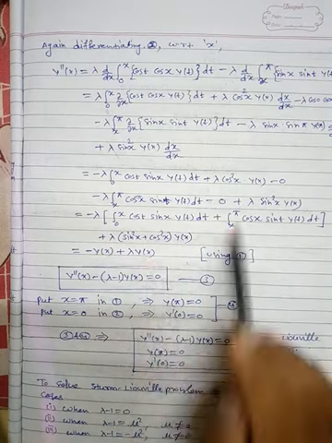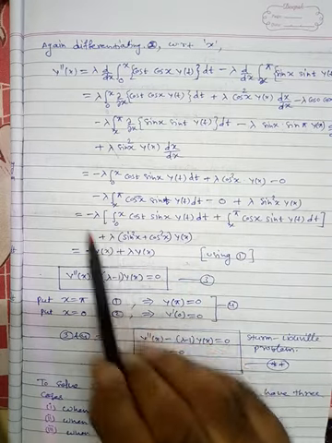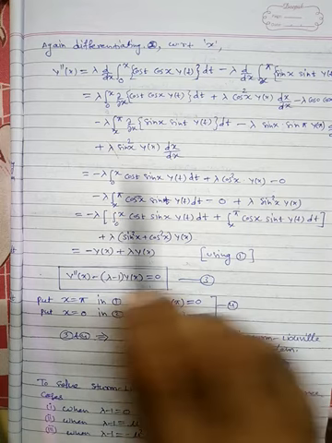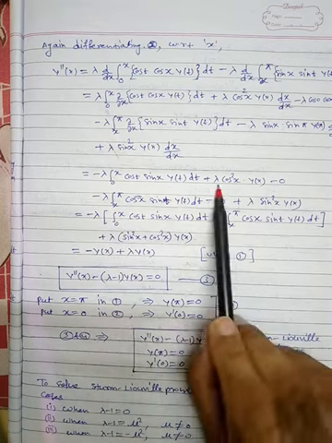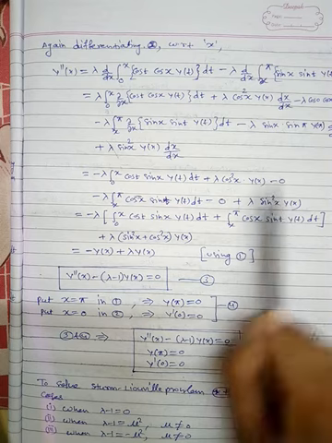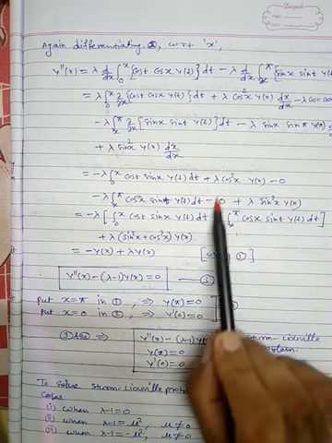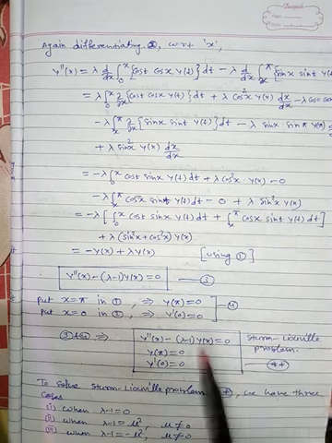So after solving this, we are getting this equation. This is the integral term, this is the upper limit term, this is the lower limit term, this is the second term, then upper limit term, and then its lower limit term.